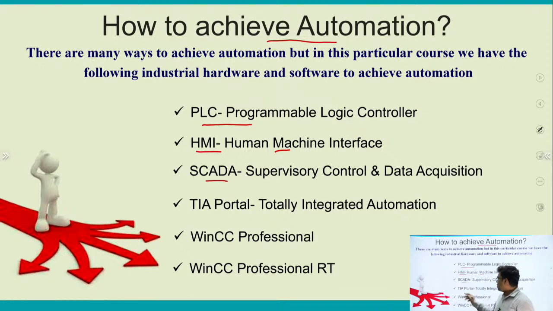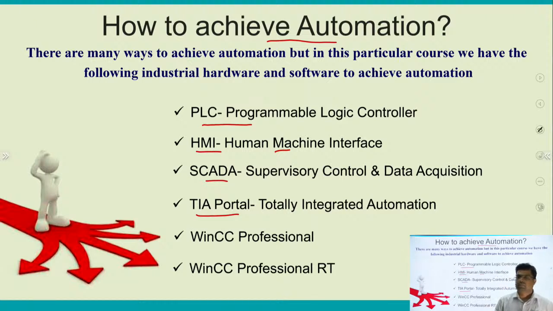And if we talk about industrial things, we can use the TIA Portal. TIA Portal is basically used by Siemens. Various kinds of software are there, integrated automation software, like S7, and Sinamics for drives.